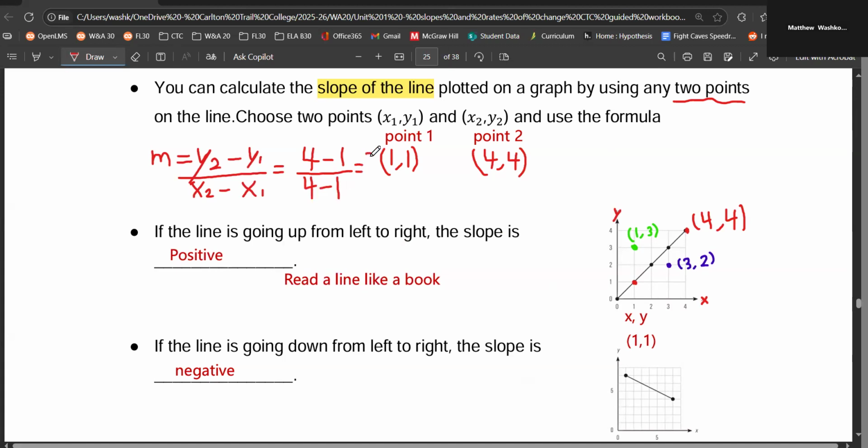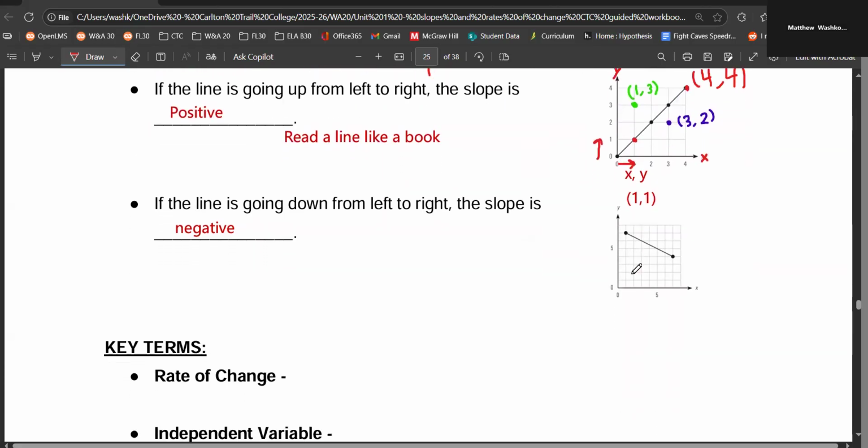Okay, so 3 over 3, which is the same thing as my slope is 1 over 1, right? It rises 1 for every 1 that it runs. And as you can see, that's true. I start at 0 here, it rose 1, and it ran 1, and I can see that's my point there. Okay, I hope that makes some sense here.